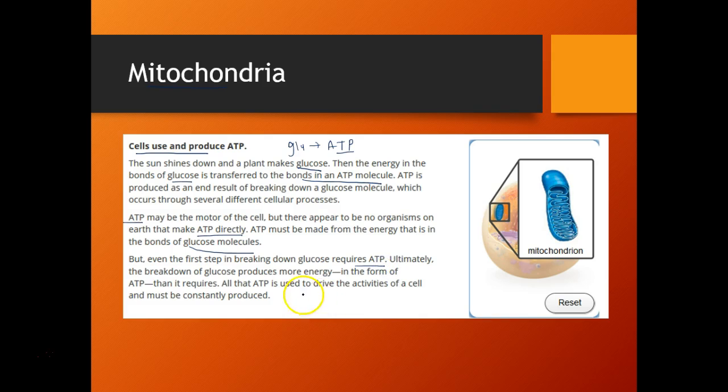So ultimately, the breakdown of glucose produces more energy in the form of ATP than it requires. So even though you do need some ATP molecules to break down glucose, in the end, by breaking down glucose, you make even more ATP than you actually use. All that ATP is used to drive the activities of the cell and must be constantly produced. It's not just produced sometimes, but continuously throughout the day.